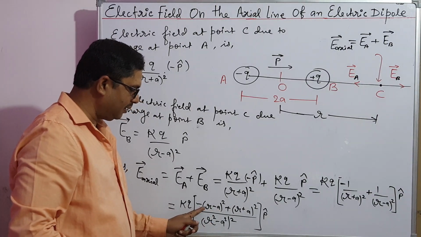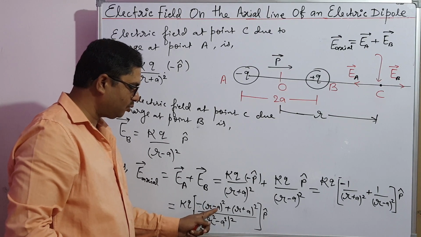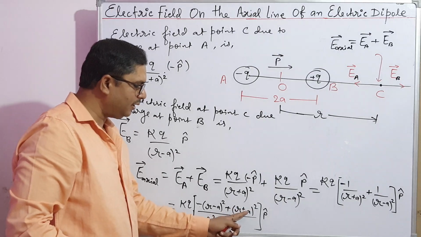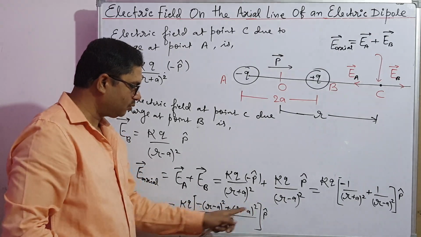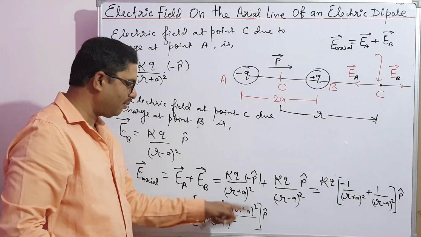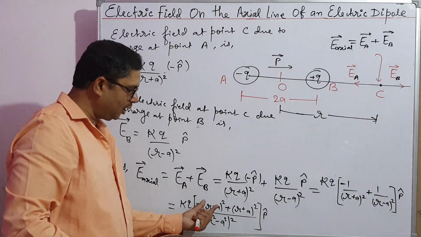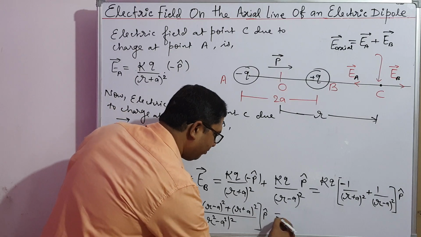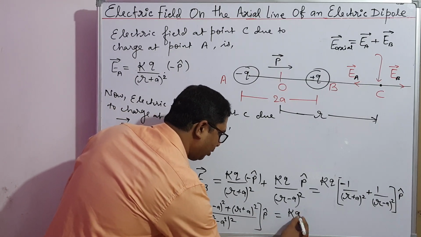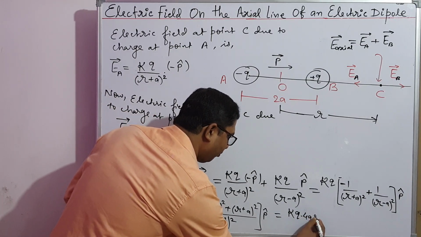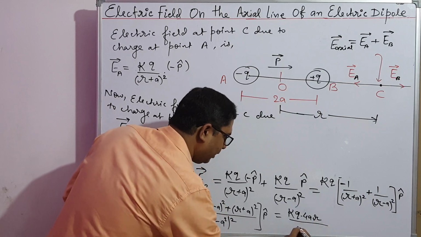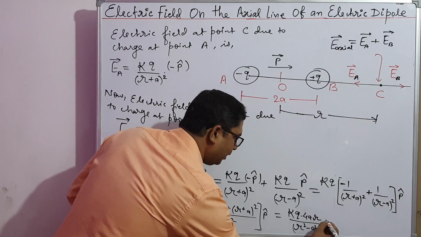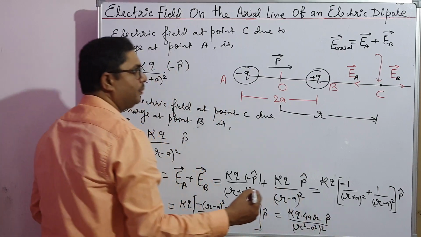So R square cancels R square, A square cancels A square, and here you get 2AR and 2AR, that is 4AR. So you have KQ into 4AR divided by R square minus A square whole square P cap.